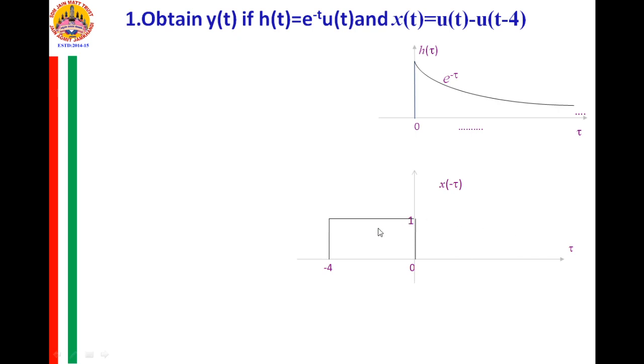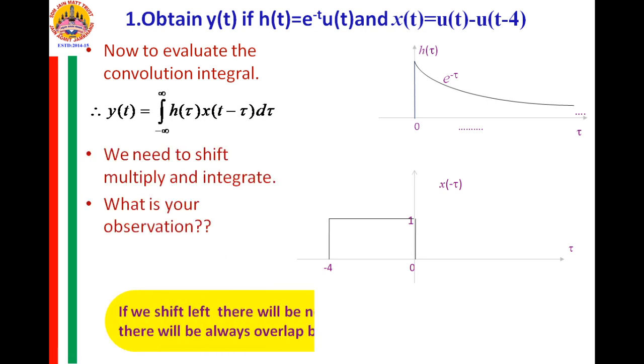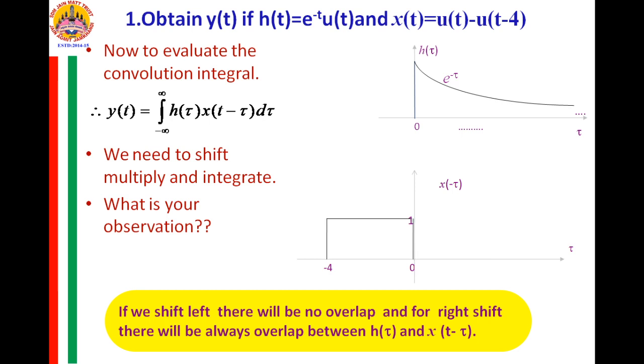If you shift this x of minus tau towards the left side, you will observe that there will be no overlapping between this h of tau and x of t minus tau to evaluate this convolution integral. If I shift this x of minus tau towards the left side by any amount, these two will not overlap. Whereas, if we shift right, you will observe the overlaps.